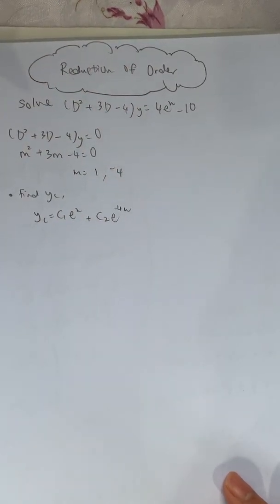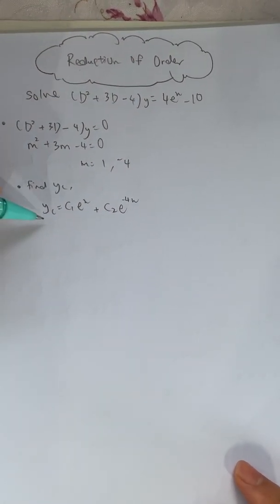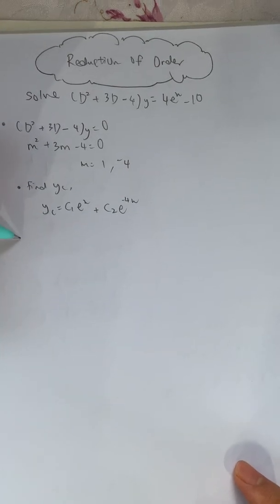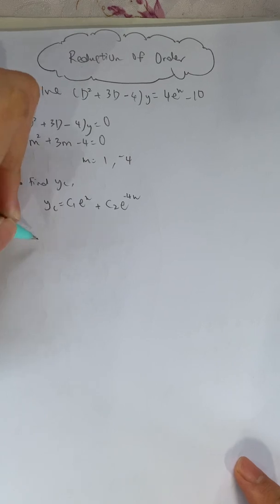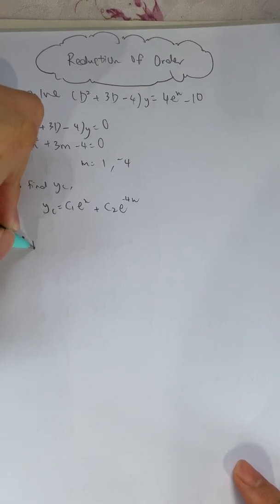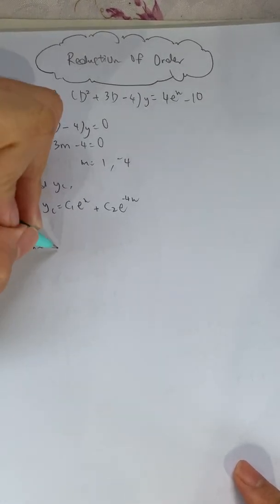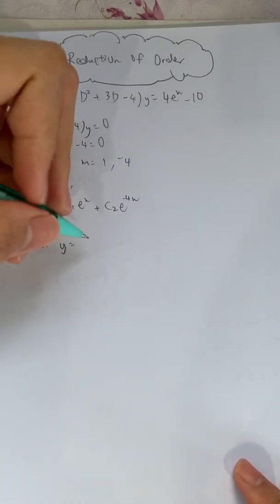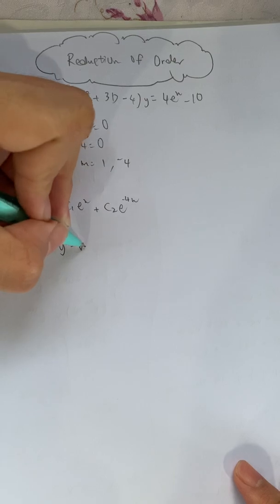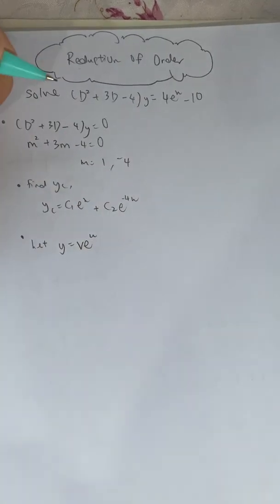Okay, now after we get yc, we need to let y equal to v exponential x.